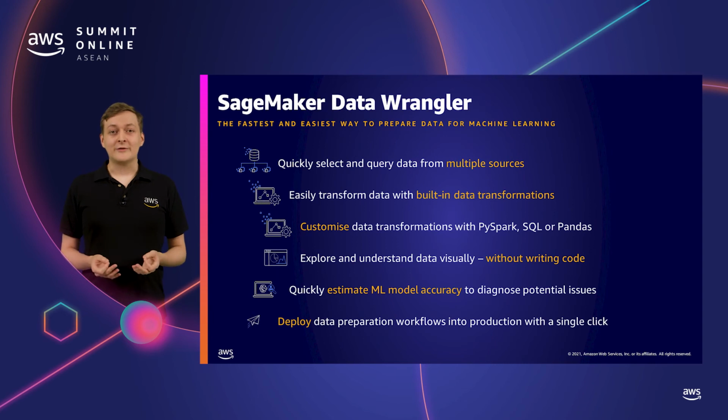Data Wrangler itself will provide us tools to select data from multiple sources, easily compose different built-in transformations, and deploy data preparation workflows, conceptually similar to Glue Data Brew at a high level.